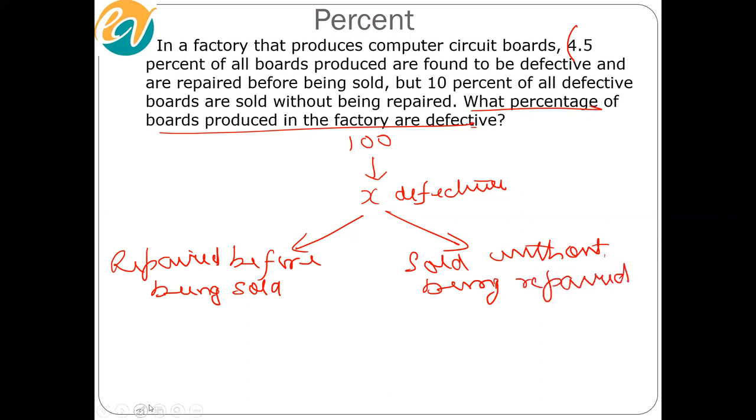Now, can you tell me how much is this based upon the question? Very nice. 4.5% of all the boards. How many are all the boards? 100. So 4.5 of these 100 are in this category.